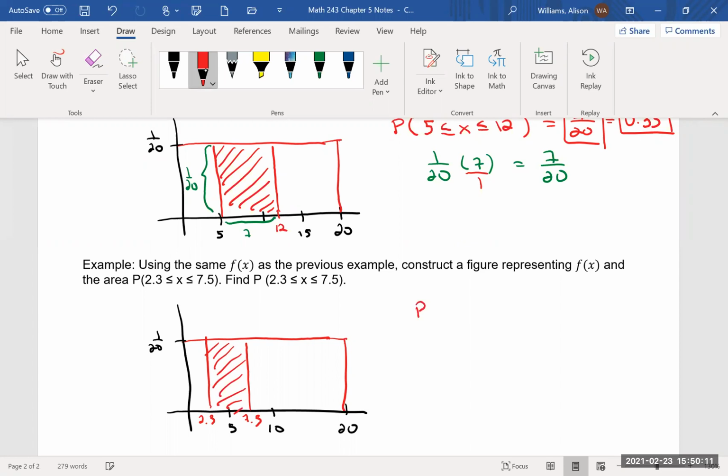Now, let's actually find the area. I'm going to go back to rectangles again. In every single one of these examples, when we're using the same f of x, the height is 1 over 20 every single time. So it's still 1 over 20. But this time I'm going to subtract 2.3 from 7.5, and that's going to give me 5.2.